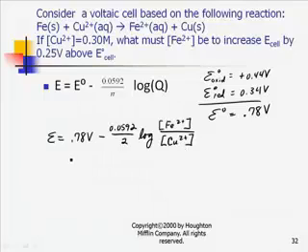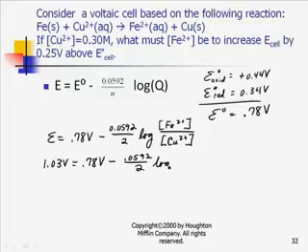So we want to increase it by 0.25. So our new E cell, 0.78 plus 0.25, is 1.03, and that equals 0.78 volts minus 0.0592 over 2 log of the iron concentration, which is what I want to know, over the copper, which is 0.3 molar.